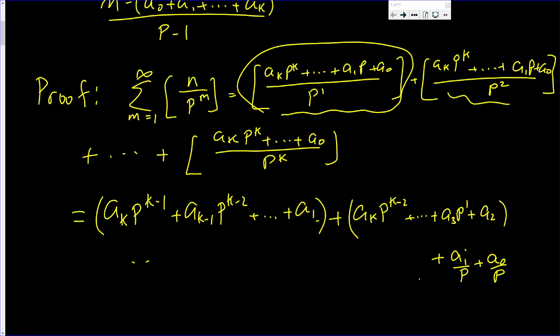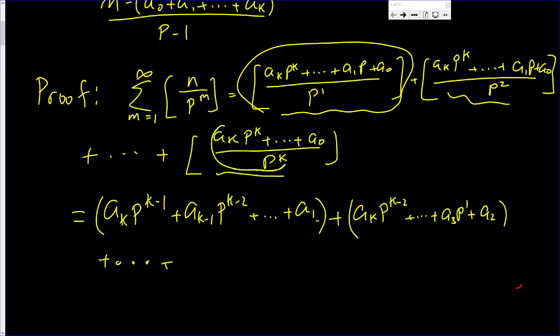Yeah, we're dividing by p squared. So that'll be p to the 1, and that'll be p. P squared. Okay. This here is less than 1, so the greatest integer part is 0. And we continue in this fashion to the very last one.